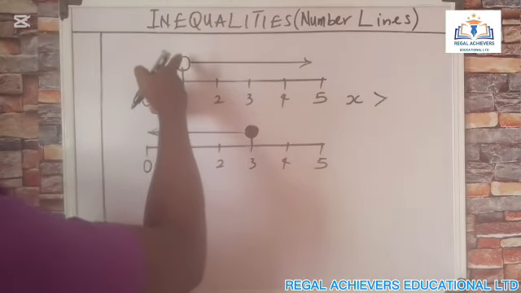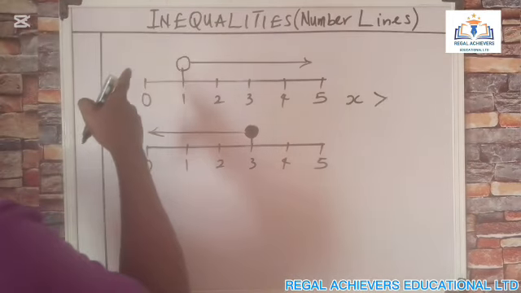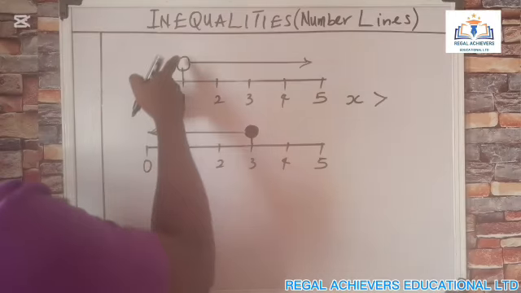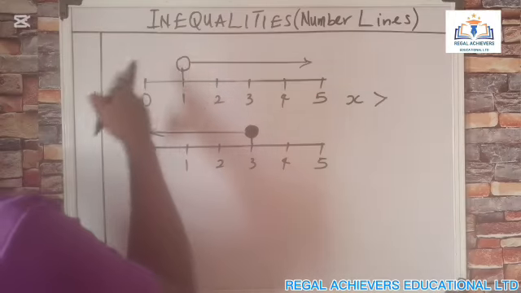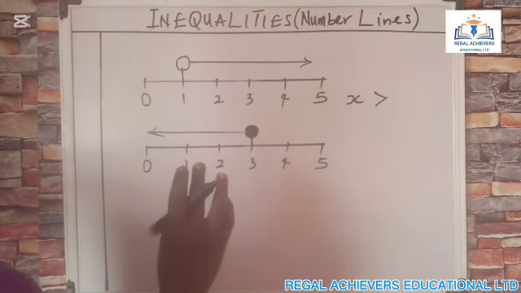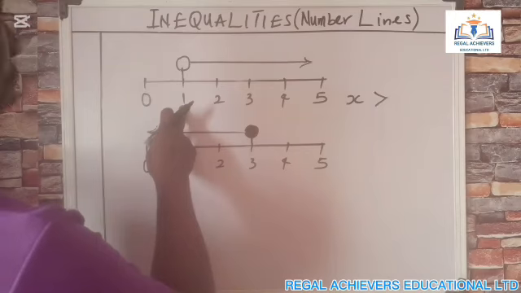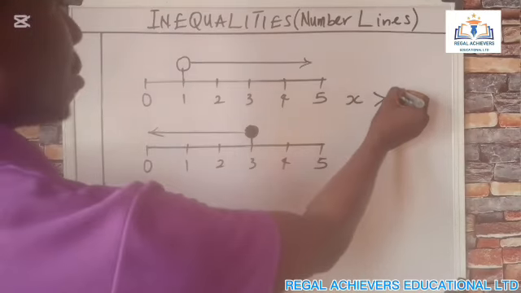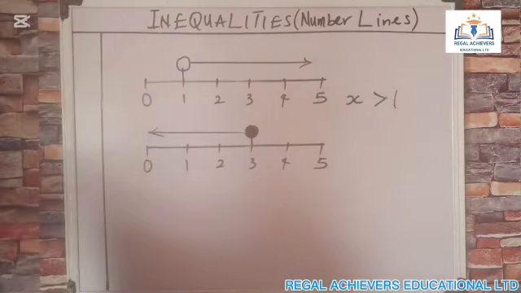Where you have your pointer, which is on 1, you have a hollow circle. When you have a hollow circle, that is only going to be greater than. What is on 1? So that will be x greater than 1. That is the interpretation of that inequality using the number line.